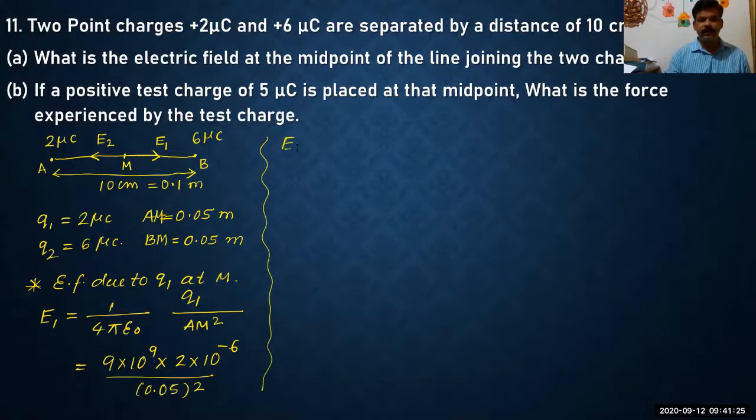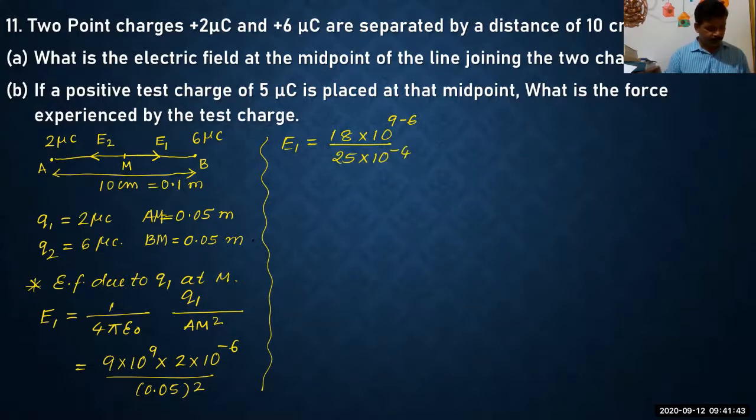Next, E1 is 9 2s are 18 into 10 raised to 9 minus 6, divided by 0.05 whole square, which is 0.0025, or 25 into 10 raised to minus 4.